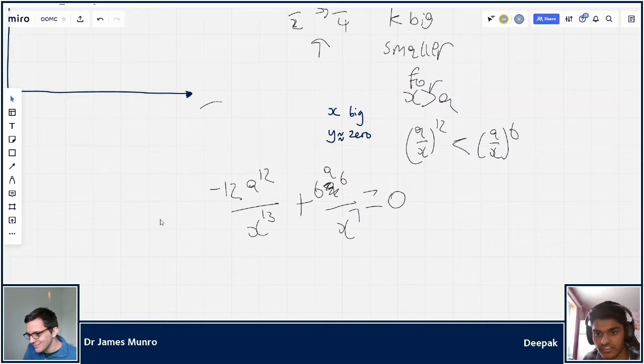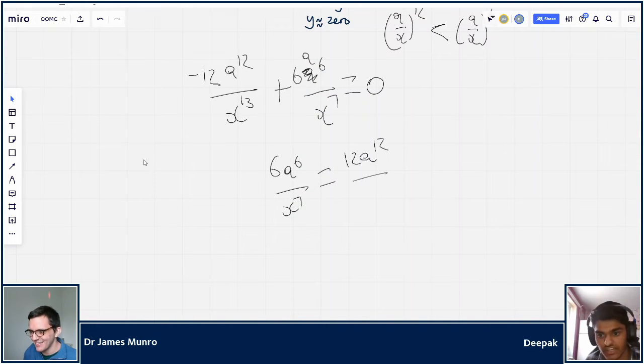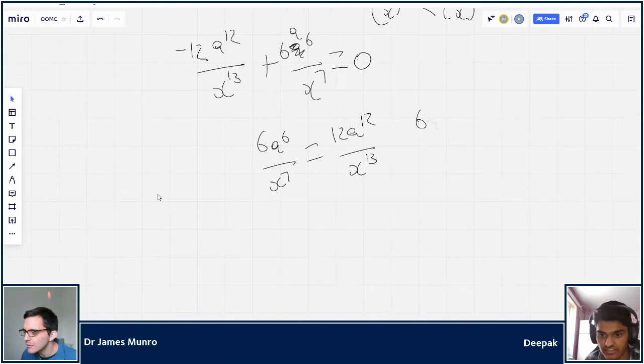I guess we could write this as 6a to the 6 over x to the 7 equals 12a to the 12 over x to the 13. And then we could multiply by x to the 13, which isn't particularly nice, but it gets you 6a to the 6 times x to the 13 minus 7, which is 6, equals 12a to the 12.